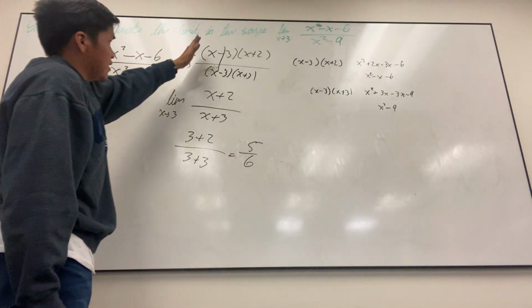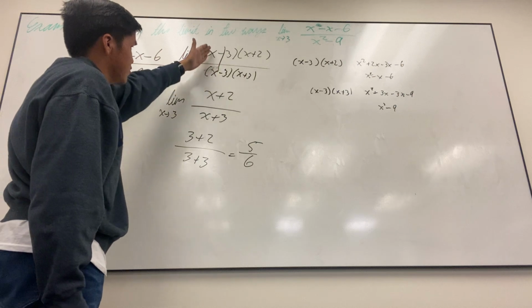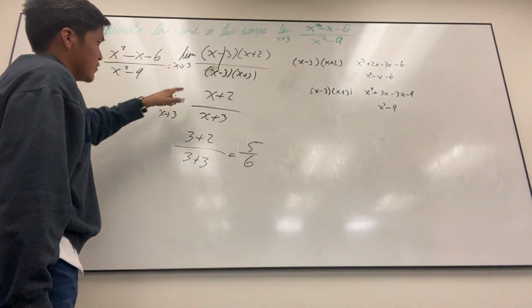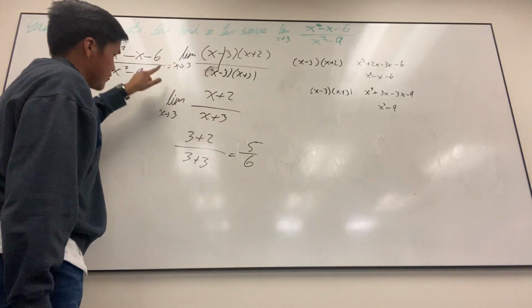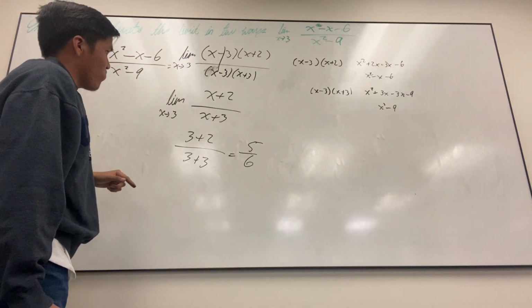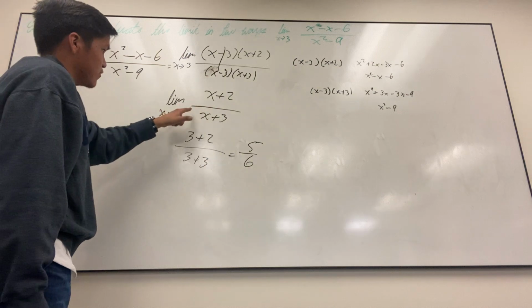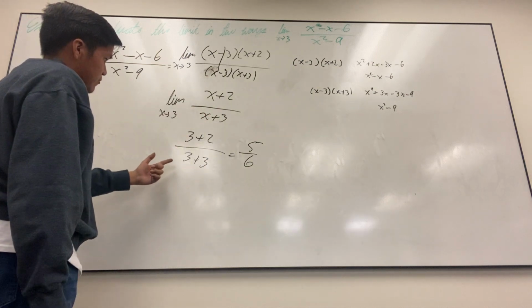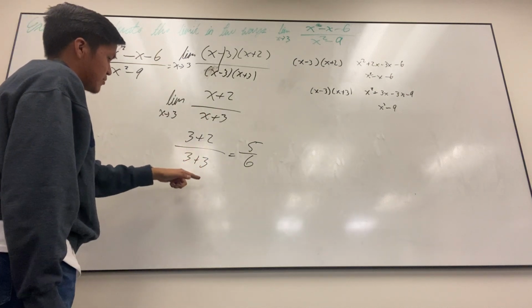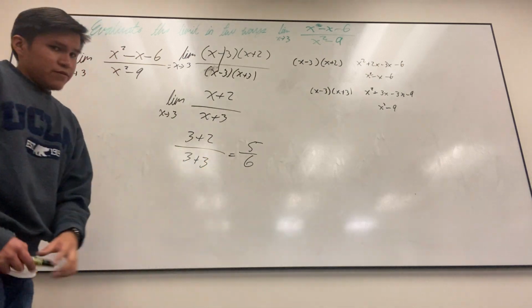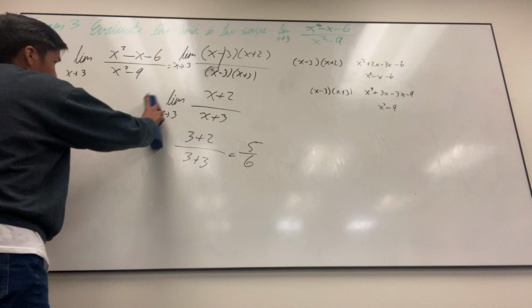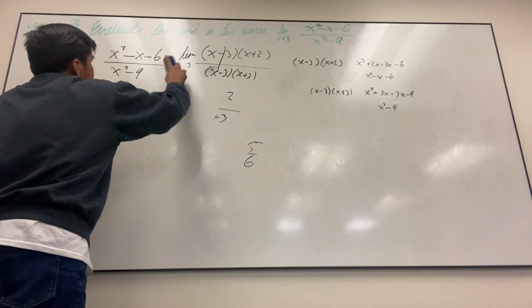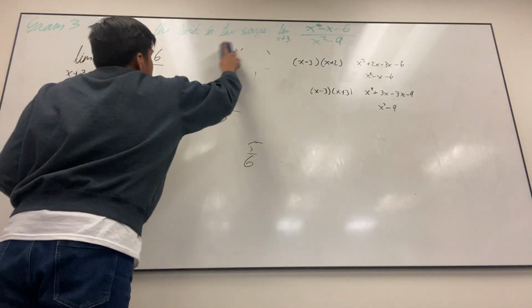You cancel out both x minus 3 terms in the numerator and denominator, and you're left with x plus 2 over x plus 3. Don't forget to always carry your limit until it's applied. Then you apply your limit, which is 3 plus 2 over 3 plus 3, resulting in your final answer of 5 over 6. That's the first way, without using L'Hopital's rule.